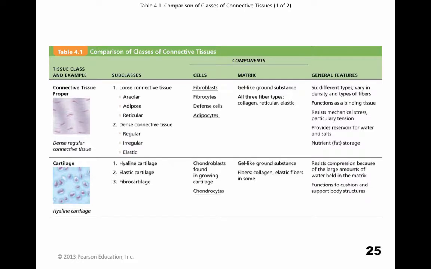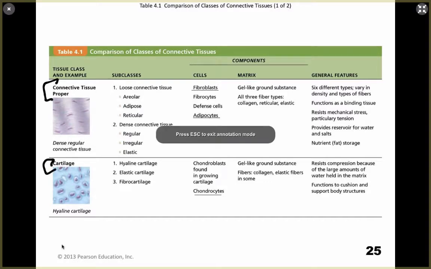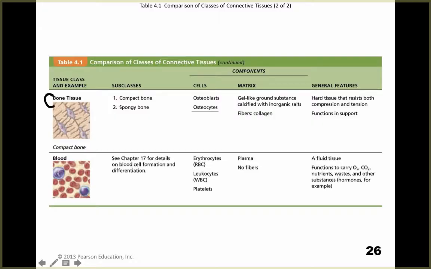So, the comparison in the classes of different connective tissue, you'll see here, and this is presented in your book, right? These are the different subsections. So you can see connective tissue proper, cartilage. If you go to the next page, you'll see bone and blood.